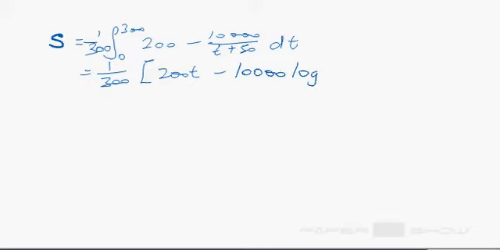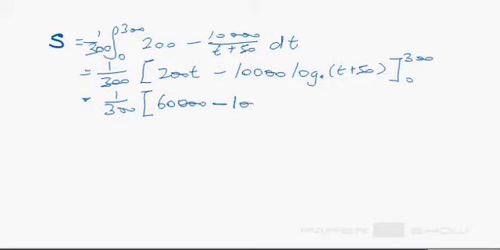It's a log to the base e of t plus 50, and your terminals are 300 and 0. Your calculator can help you out here, but I'll walk through it quickly. So that's 1 on 300, and now you've got 200 times 300, 60,000, minus 10,000 log to the base e of 350, putting in t equals 300.